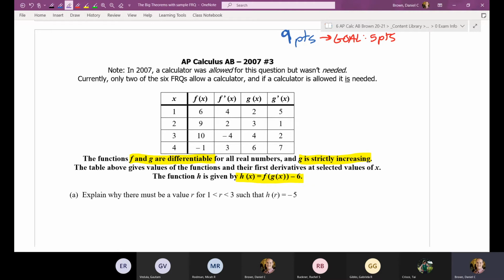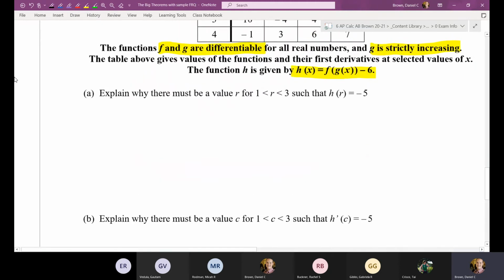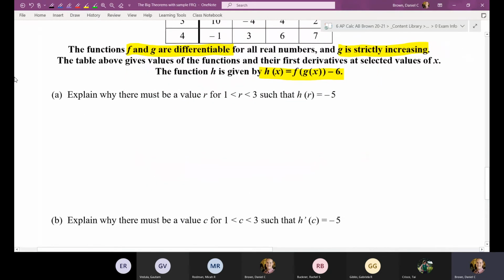And when I try these problems, I look at the question, and before I even jump into it, I ultimately know an AP exam is testing your knowledge of calculus. So what skill are they testing? That can help you approach the question. Looking at A, it says explain why there must be a value r, for r between 1 and 3, such that h of r is equal to -5.